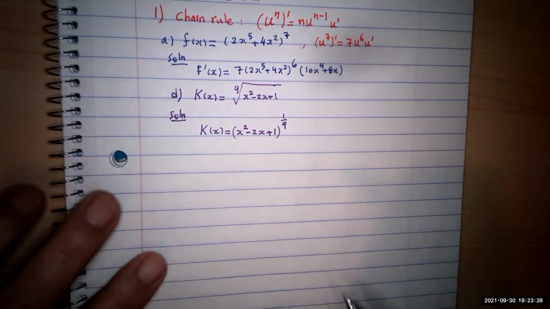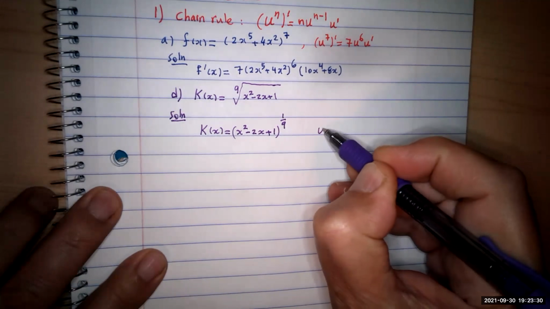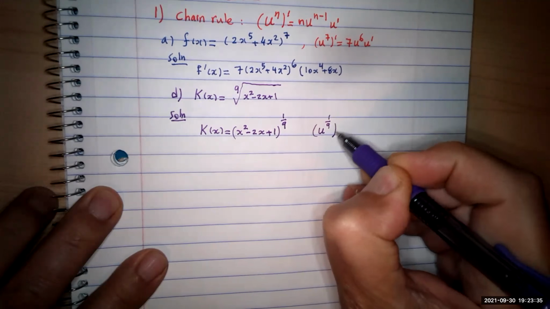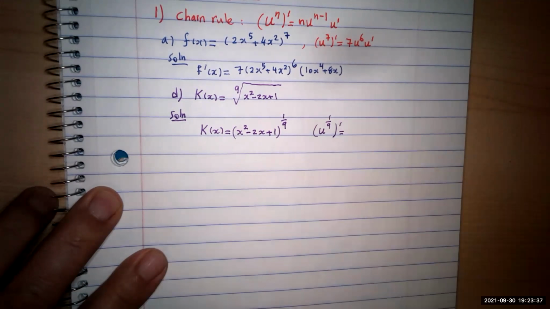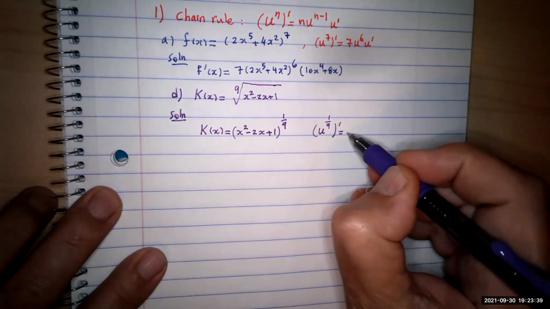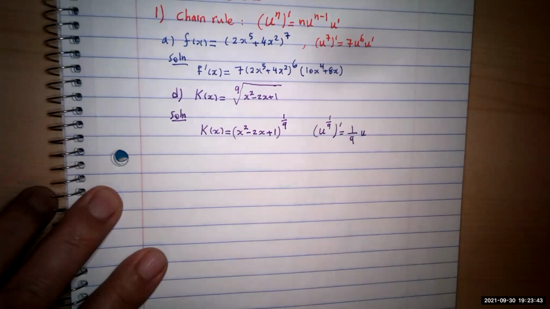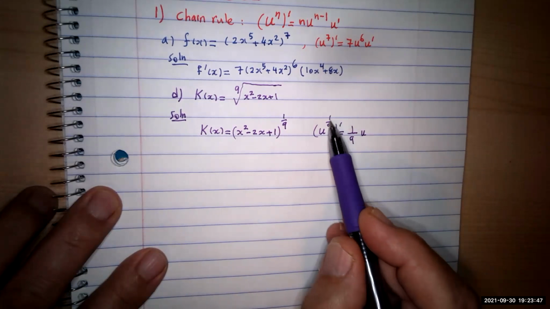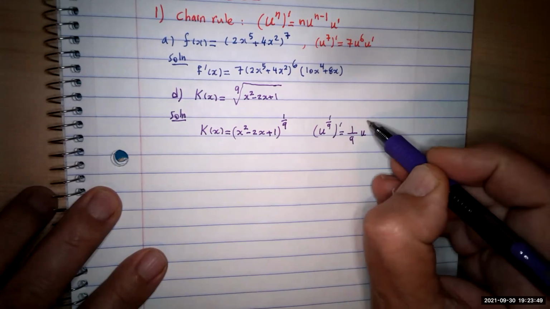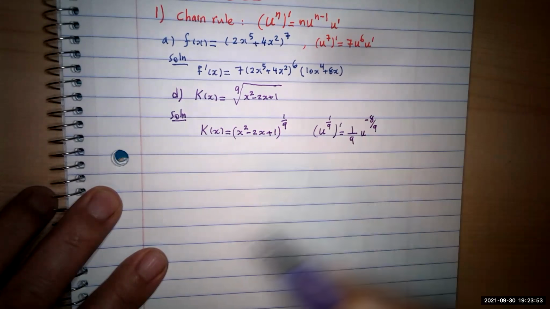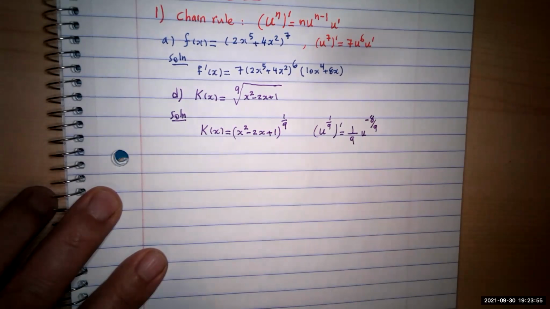You may remind yourself that if I want to find the derivative of u to the 1/9, again, the power first. You bring the power down, it's going to be 1/9, u to the 1/9 minus 1, which is 1 minus 9, 1 minus 9 would be -8, so -8/9. So that's the power part. But you pay for it with u prime.